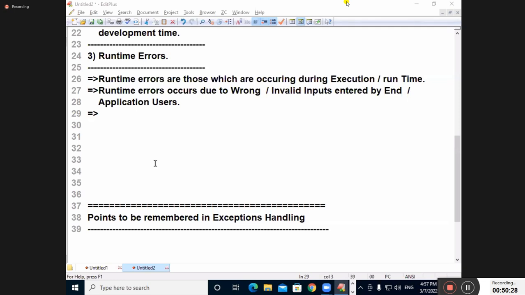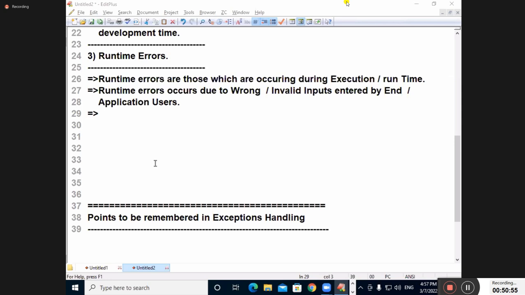Technical error messages will come. Programmatically, you are using exception handling in your project. You are converting technical error messages into what, by using which concept? The exception handling concept.